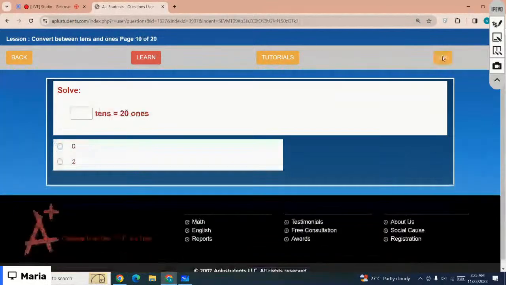Okay, the next one is how many tens equal 20 ones? So 20 means you have from 1 to 20. So then how many tens do you have there?